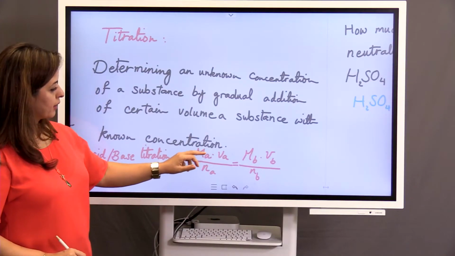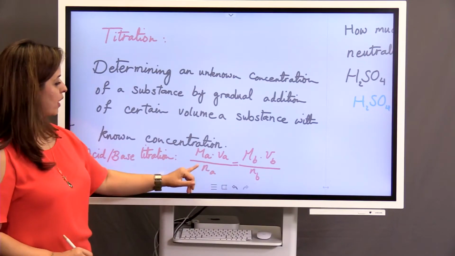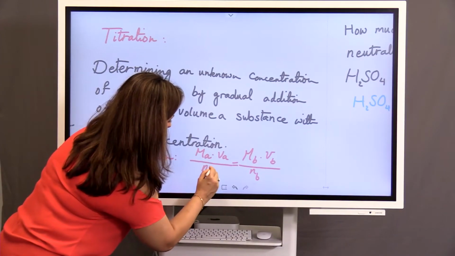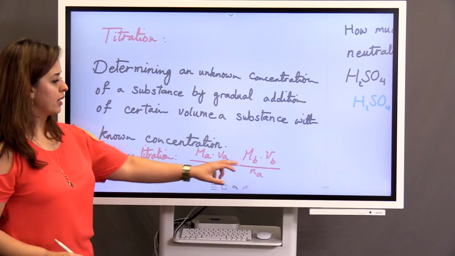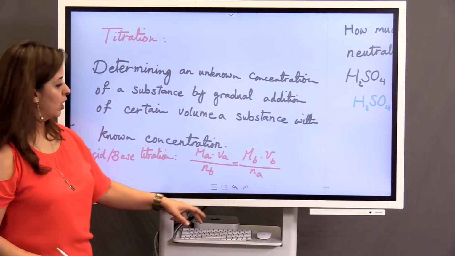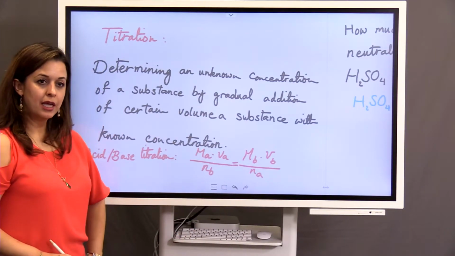So molarity times volume divided by nB, number of moles of base, equals MBVB over moles of acid.